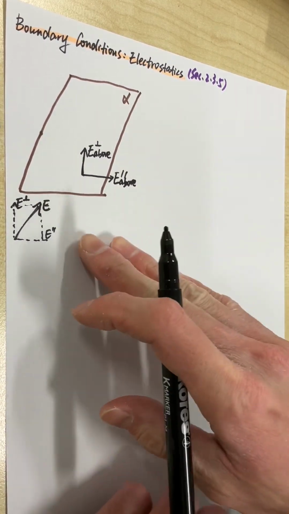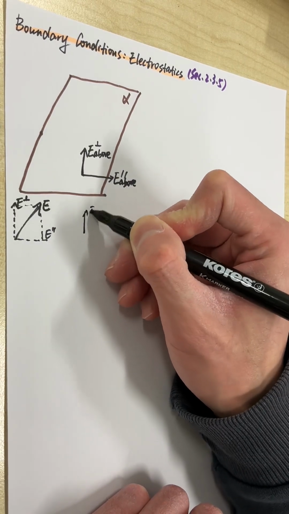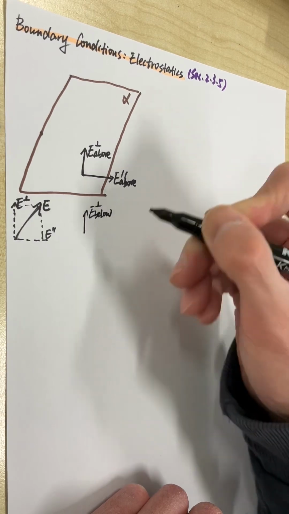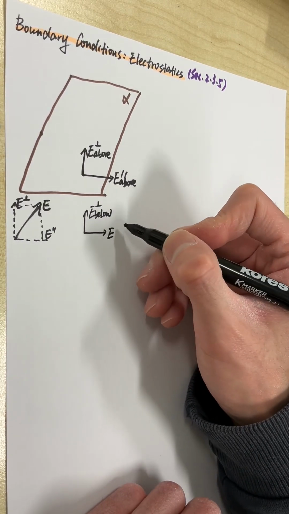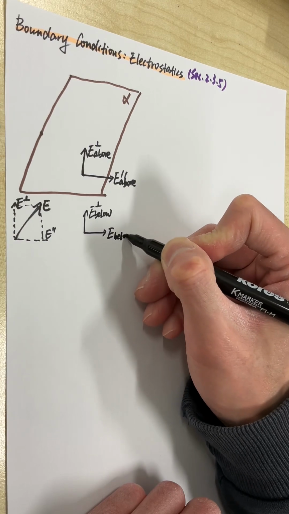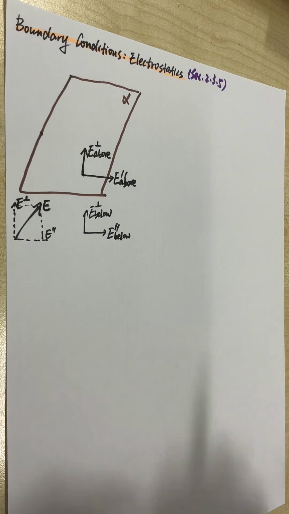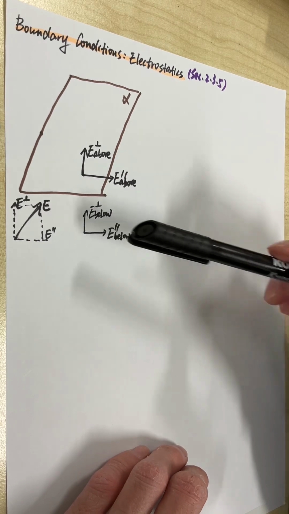And then for the electric field below, we also have the electric field below, the normal component, and the electric field below, the parallel component. So how do we establish a relationship between the electric field above and the electric field below?